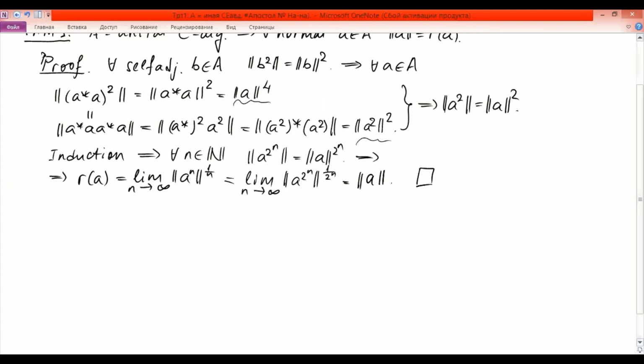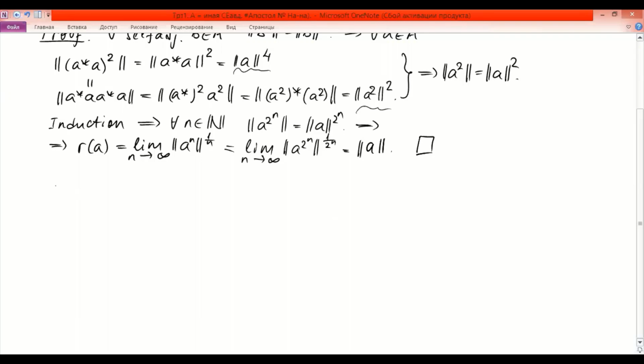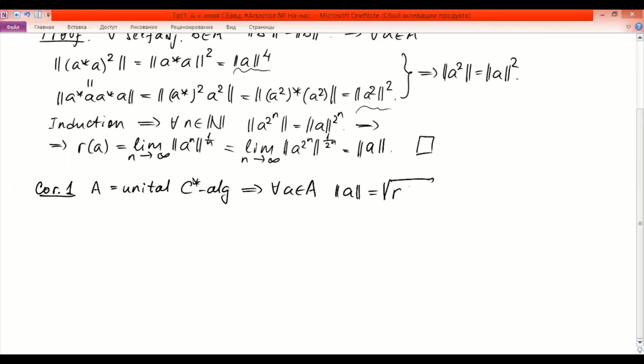Here are some corollaries of this result. Corollary 1. If A is any unital C-star algebra, then for each element in A, we have the following equality. The norm of A is the square root of the spectral radius of A star A. Well, this is just a combination of the C-star axiom together with the previous theorem.